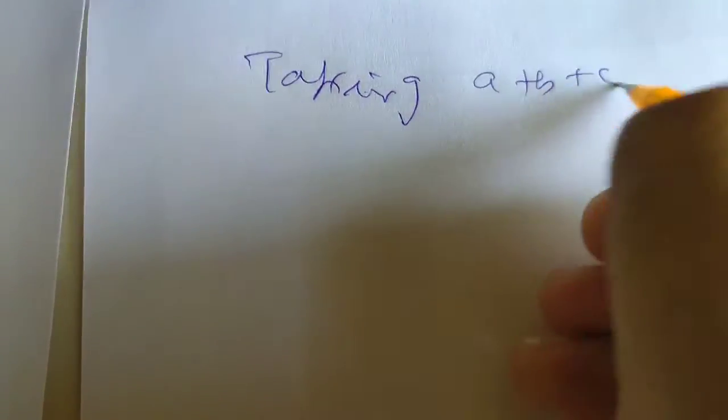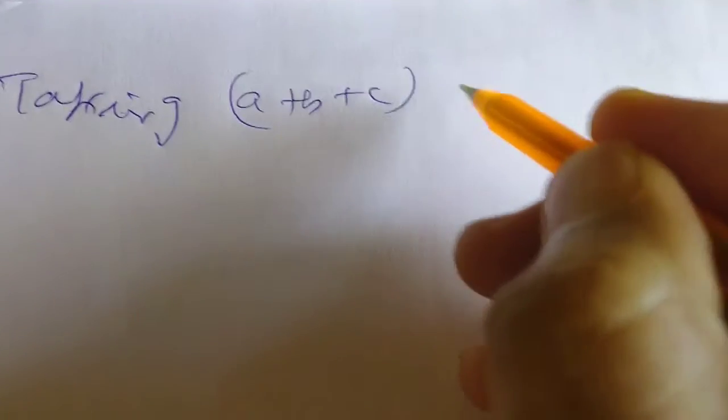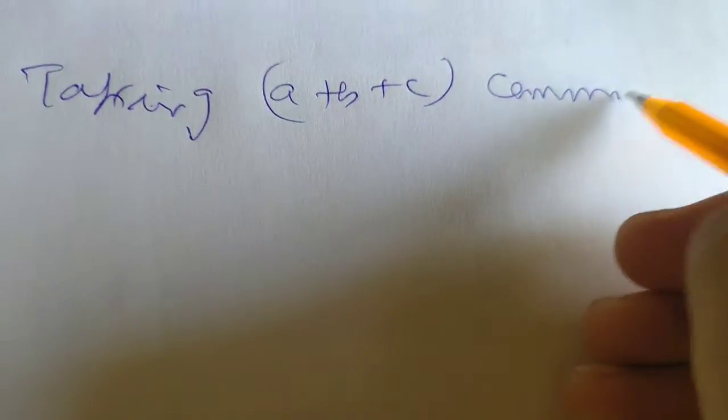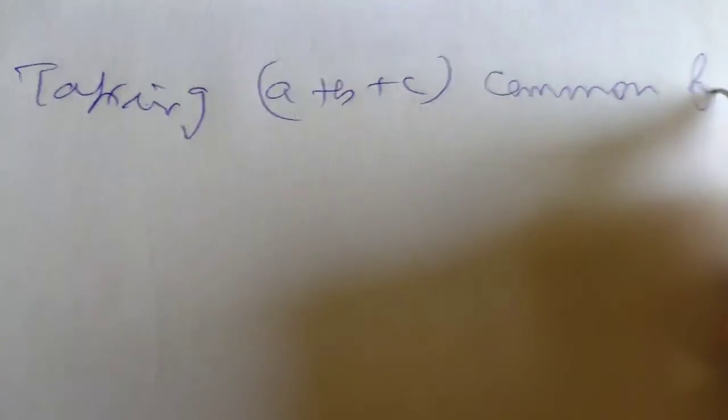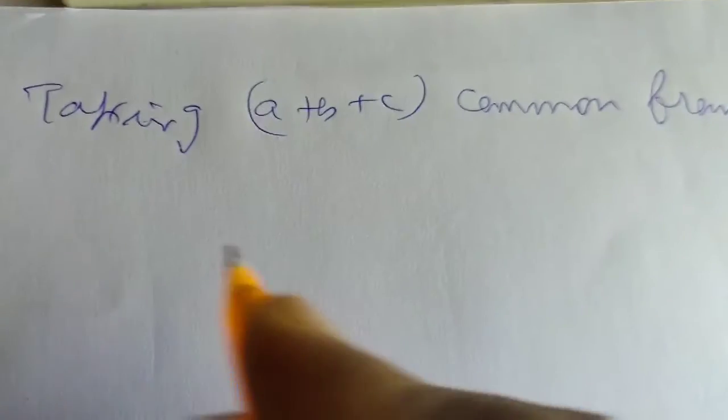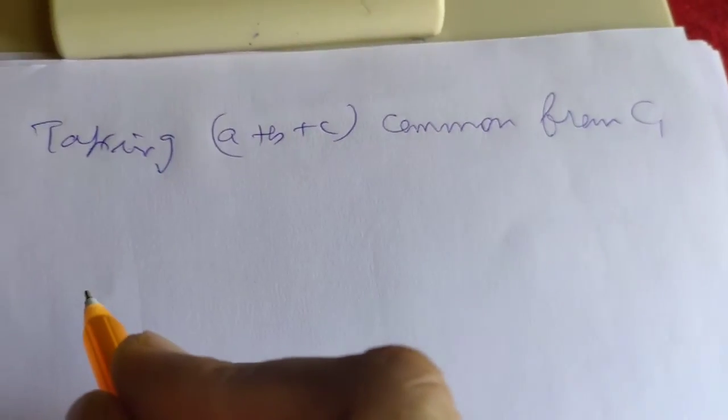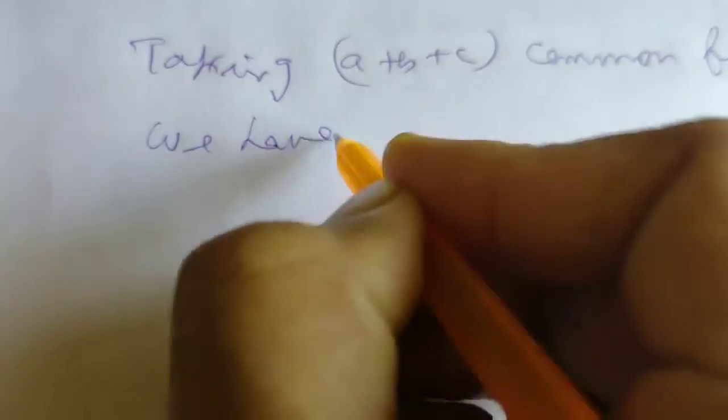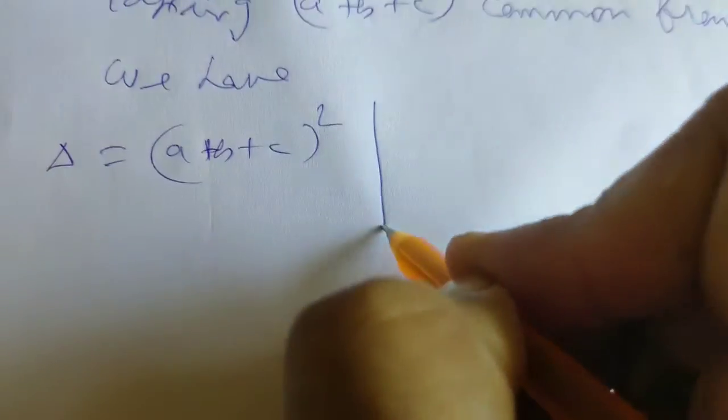Taking a plus b plus c common from c1 we have, so delta equal to a plus b plus c, a plus b plus c square.